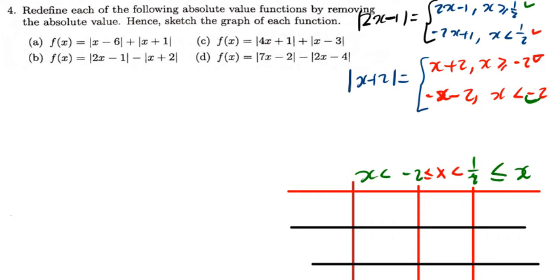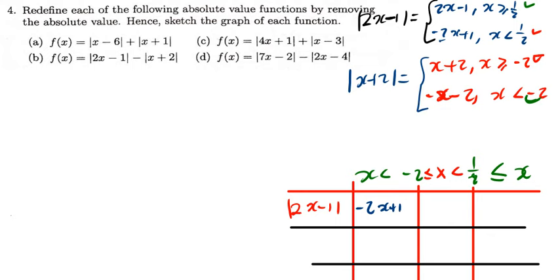So now I need to start putting this in. I'll start with 2x minus 1 in the modulus. For the first part, which one is telling us that x is less than negative 2? It is the second one, because the second one is saying that x is less than half, meaning that I'm going to get negative 2x plus 1.